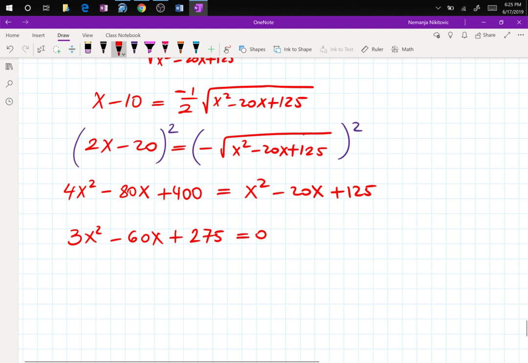Solve 3x squared minus 60x plus 275 equals 0. And we will get x equals 7.1 miles as the length to go up.